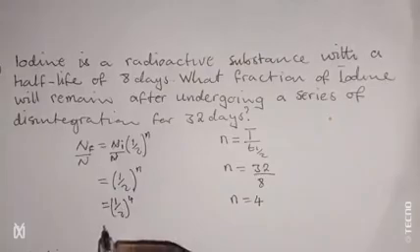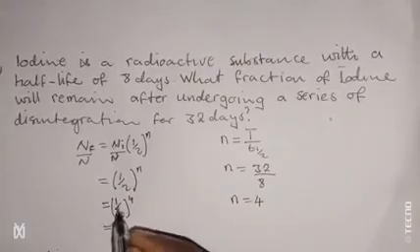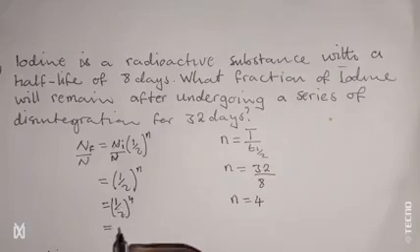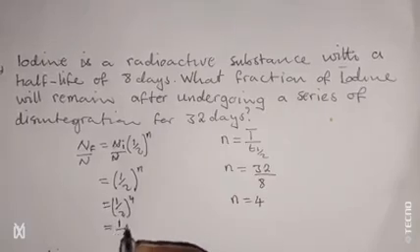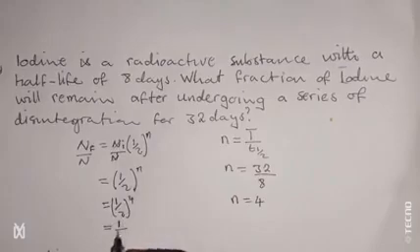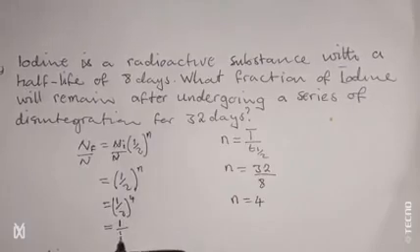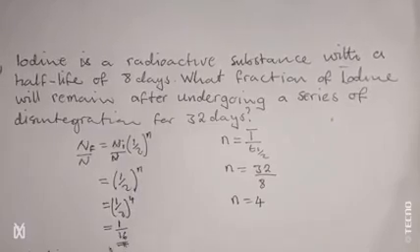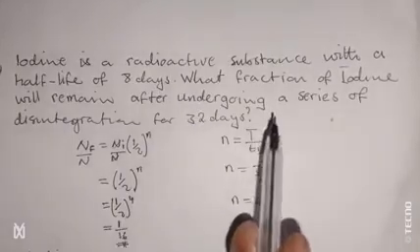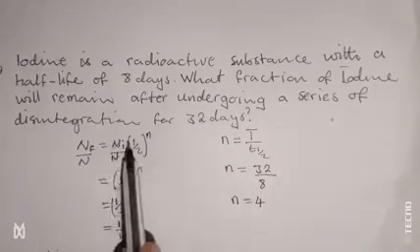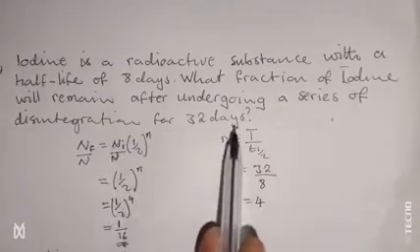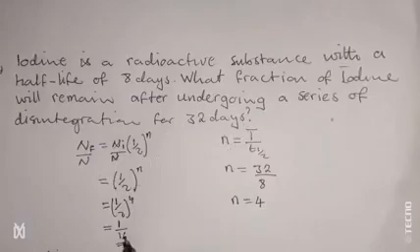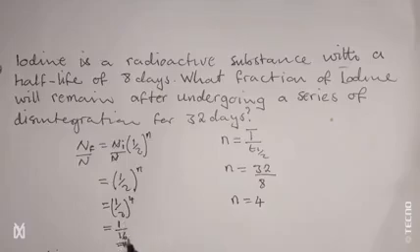So 1 over 2 to the power 4 is 1 over 16. This is the fraction that will remain after undergoing a series of disintegration for 32 days. So the fraction is 1 over 16.